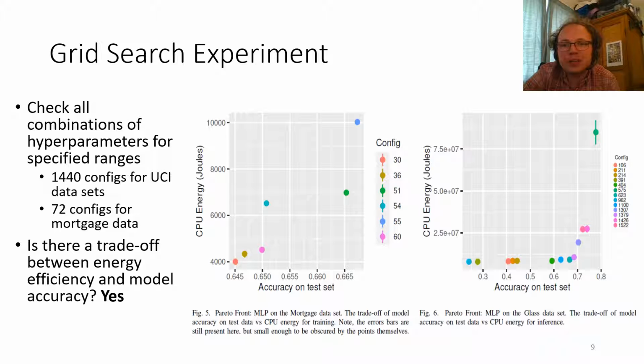And the plots I'm showing you here are the Pareto optimal solutions. So these are the ones for which we can't do better in both energy and accuracy. And we can see that there are very clear trade-offs. So the one on the left is the training energy versus the test accuracy for the mortgage data.